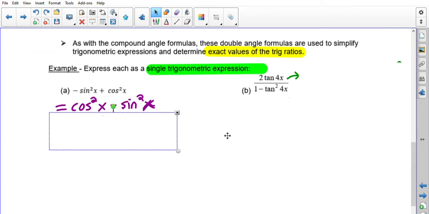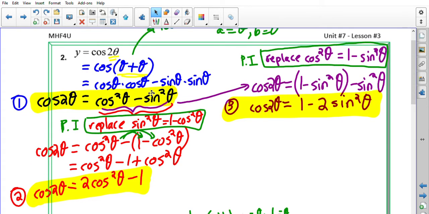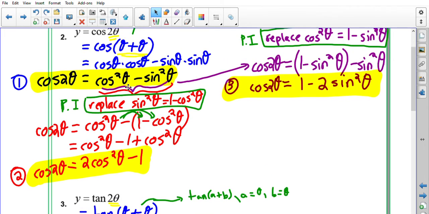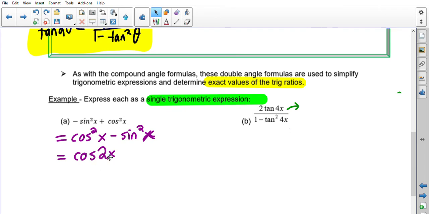And you should be thinking, okay, that looks familiar. Getting used to this. That's equivalent to cos 2x. In our example, they're using x. In the earlier example, they were using theta. So this is equivalent to cos 2x. So we just wrote this expression as a single trig expression.